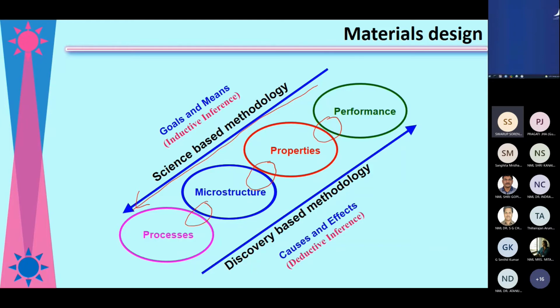And this process takes time. The other process is, you have the application in mind, you know what the performance parameters are, and then based on these rules, which we can say is a science-based methodology, working on the databases, you can define the goals and means, and go back and do the statistical analysis to reach a given material and process.